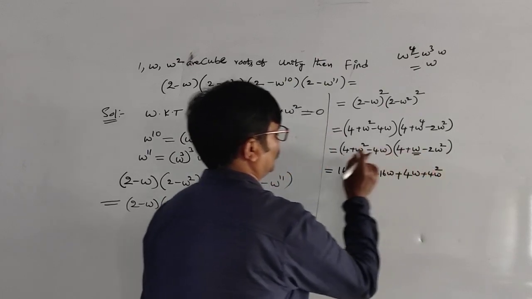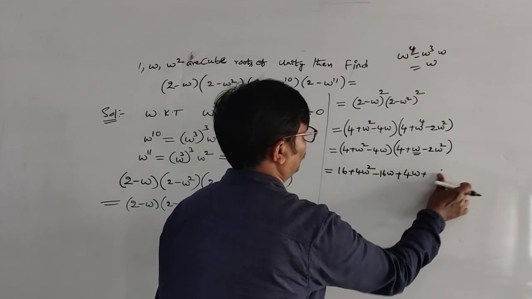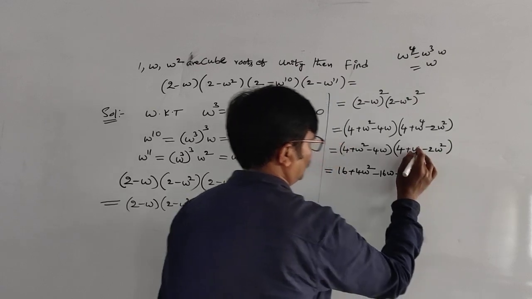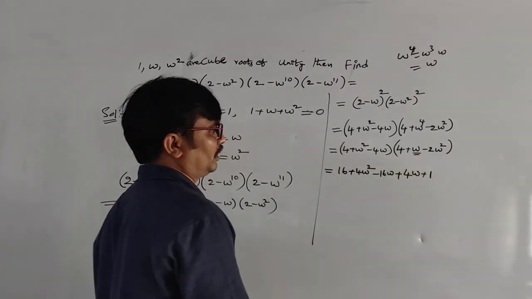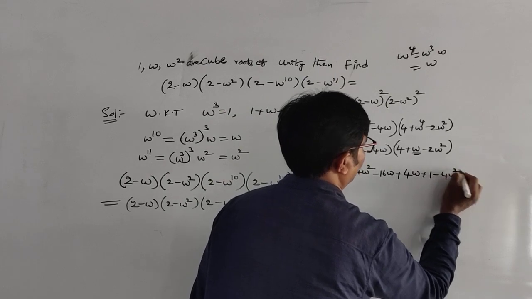Omega into omega square is omega cube, which is 1, so minus 4 omega square.